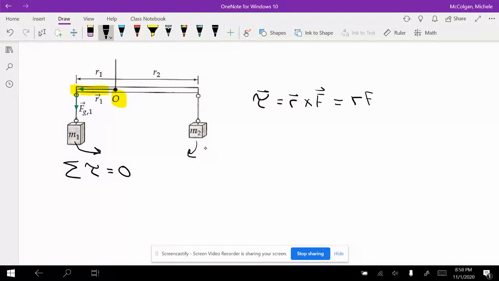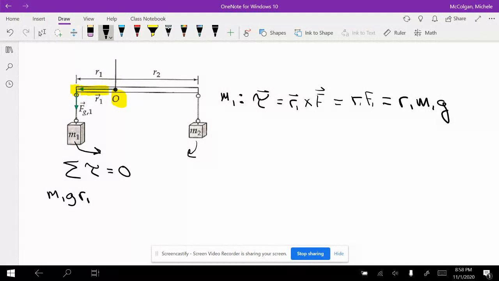It's really R1 F1 here, where F1 is M1G. So I'm going to write M1G times R1.